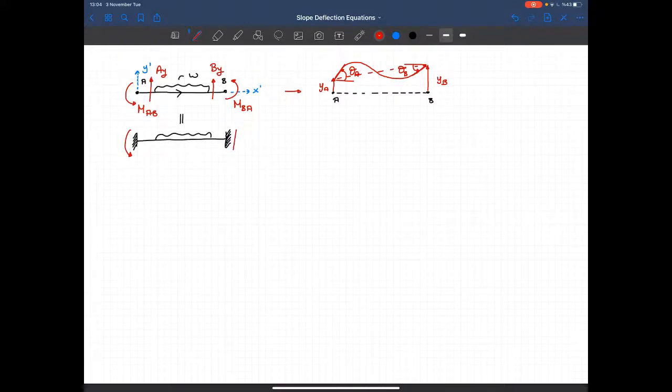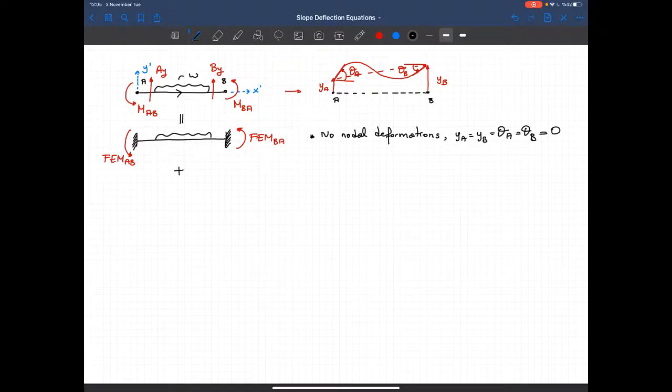I call these support moments fixed end moment AB and fixed end moment BA. This is the case of no nodal deformations. In other words, YA is equal to YB, that's equal to theta A, theta B, and that's equal to 0.